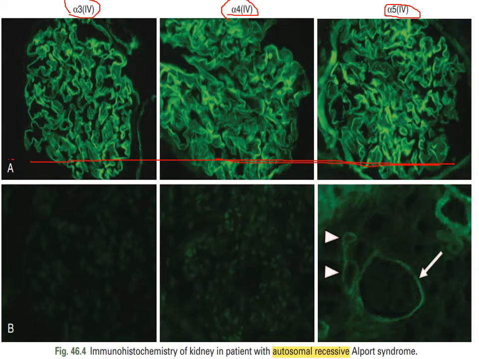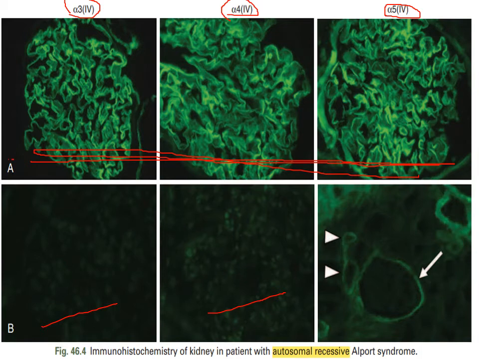All of them are present, normally present: alpha 3, alpha 4, and alpha 5. But in the lower pictures, they are absent. Alpha 3 absent, alpha 4 absent, so we should suspect Alport.